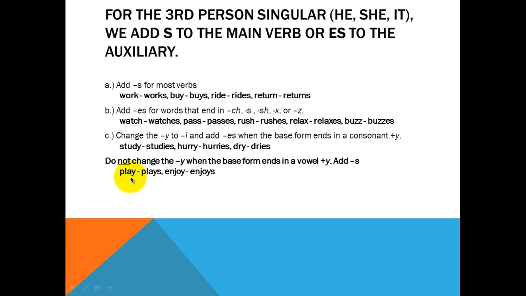So because it ends in a vowel plus y, it's going to be plays with one S. Alright? All we do is add S. Enjoy becomes enjoys. There are a few verbs that have irregular forms. Be is, do is does, go is goes, have has.